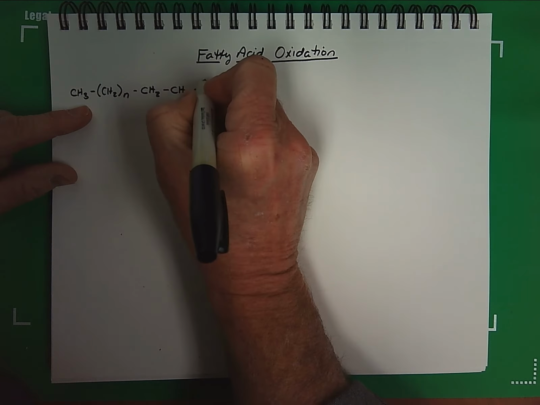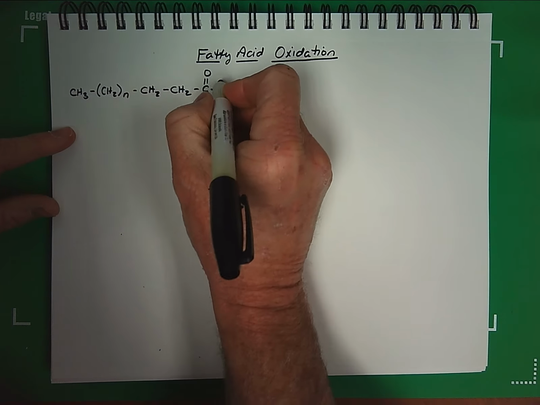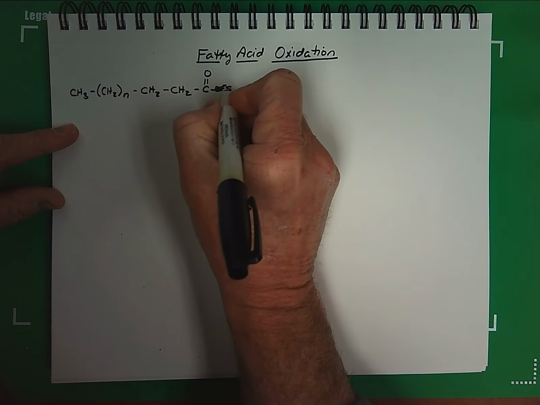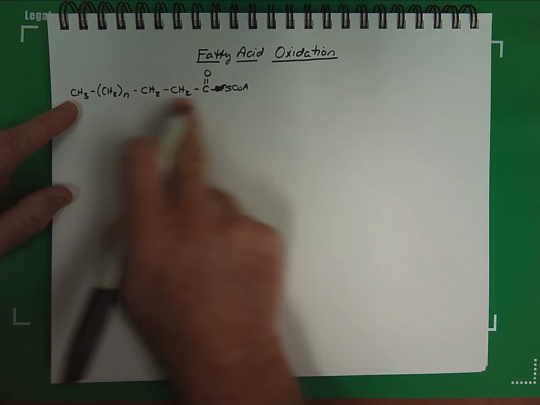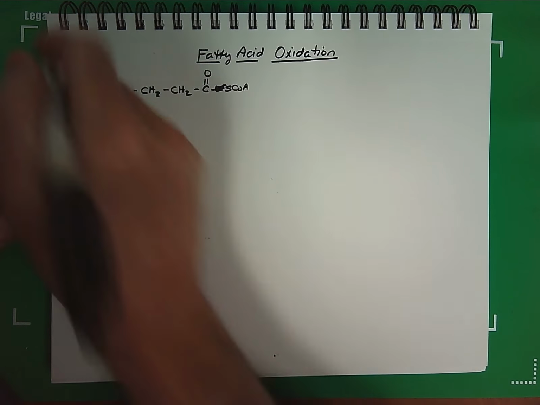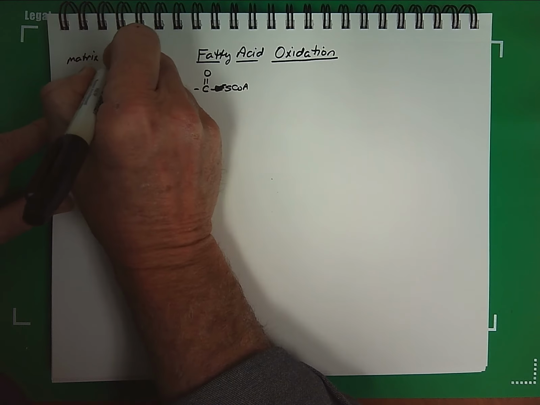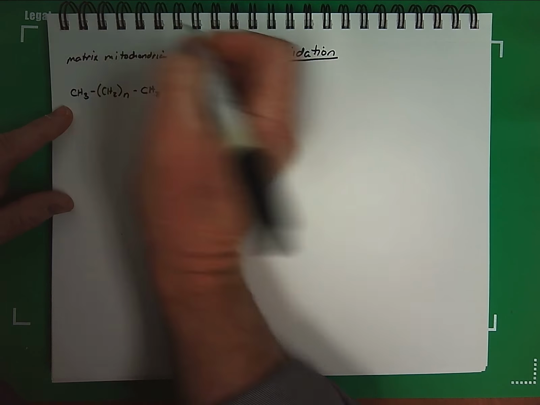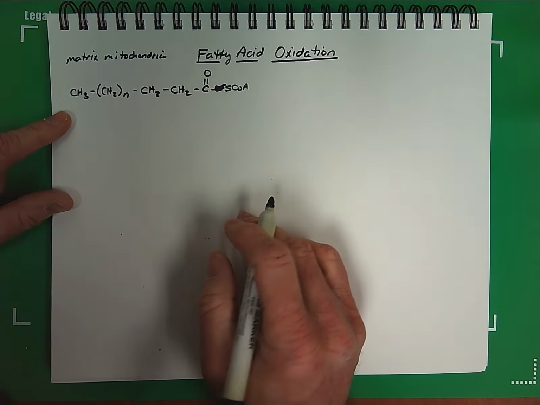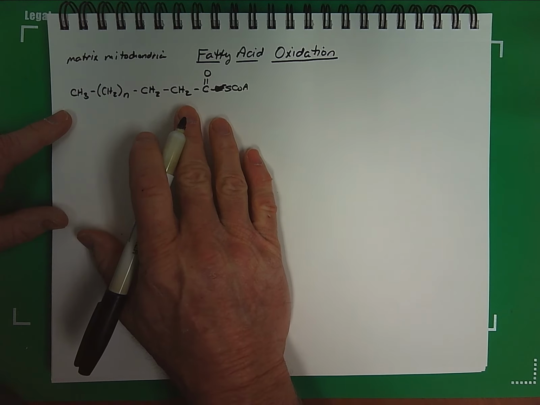Now what I'm drawing here is the portion of the fatty acid that is going to be worked on first. So here's our fatty acyl-CoA structure in the matrix of the mitochondria. And our ultimate objective of these reactions of beta oxidation is to release an acetyl-CoA group.